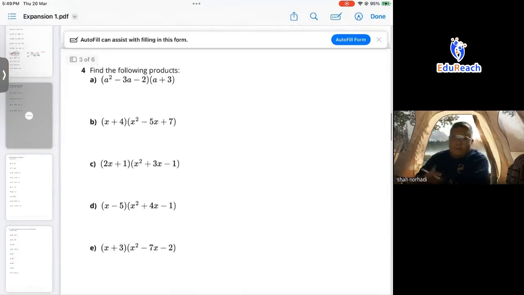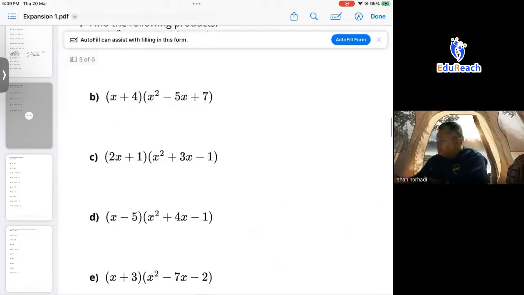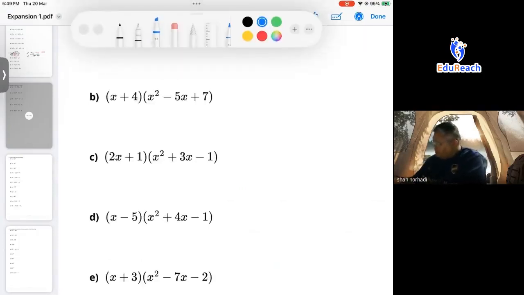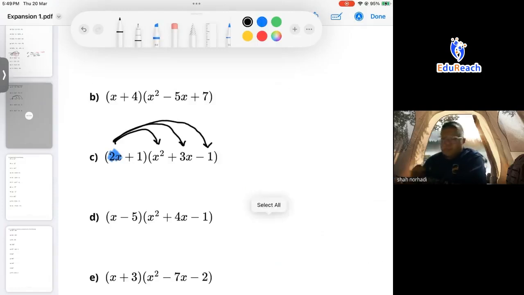Let's do question C. What you need to do is take the first term of the bracket, then multiply it to all three terms.